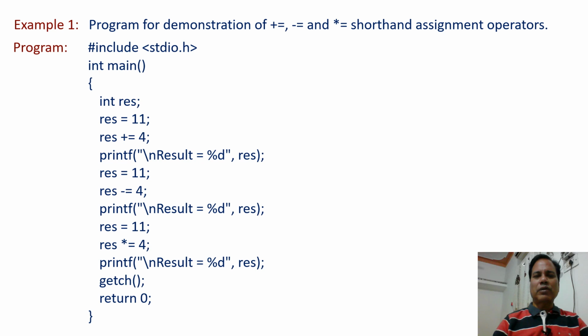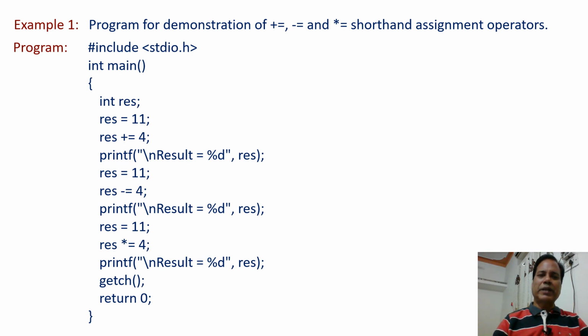In this code, int res;. Using this statement we define a variable res that is of integer type. The next statement, res = 11;, assigns 11 to the variable res.